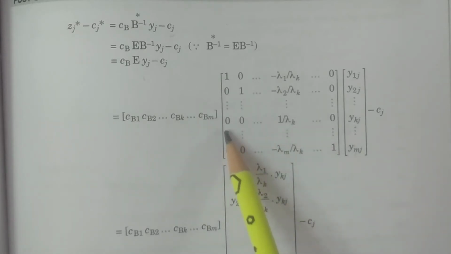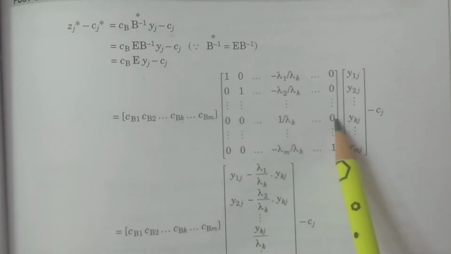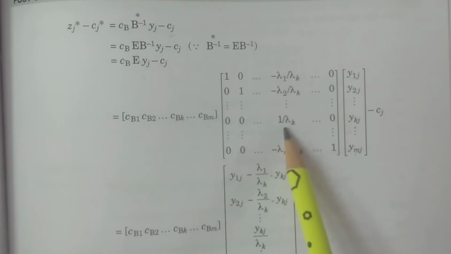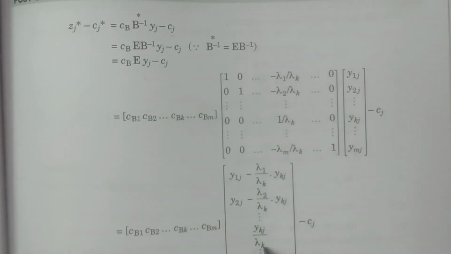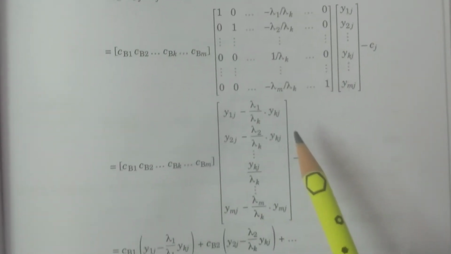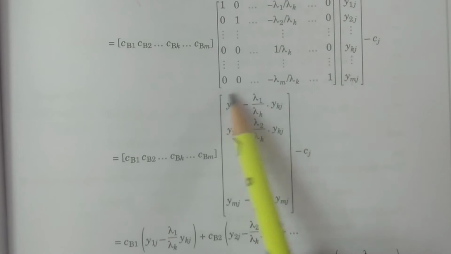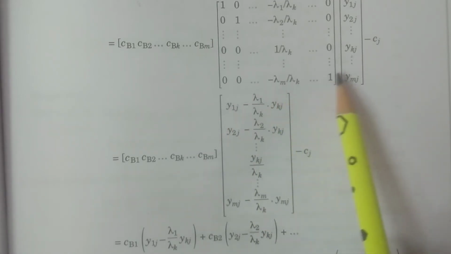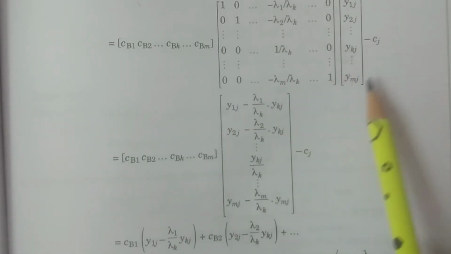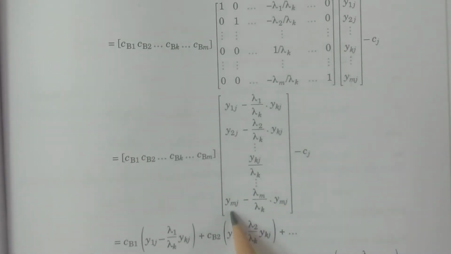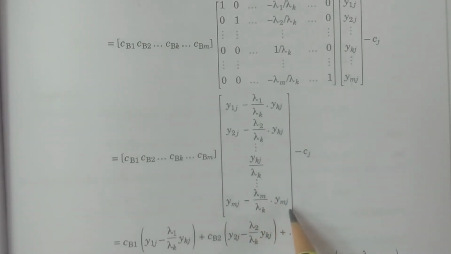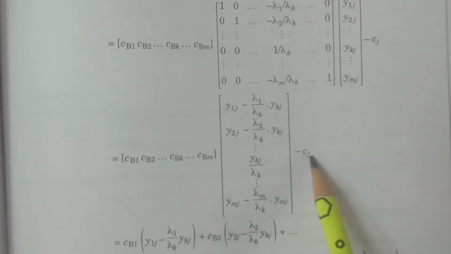For this row, only one value, 1 into ykj by lambda k, that is ykj by lambda k. Now, if you multiply the last one also, you get ymj minus lambda m by lambda k into ymj, minus cj.